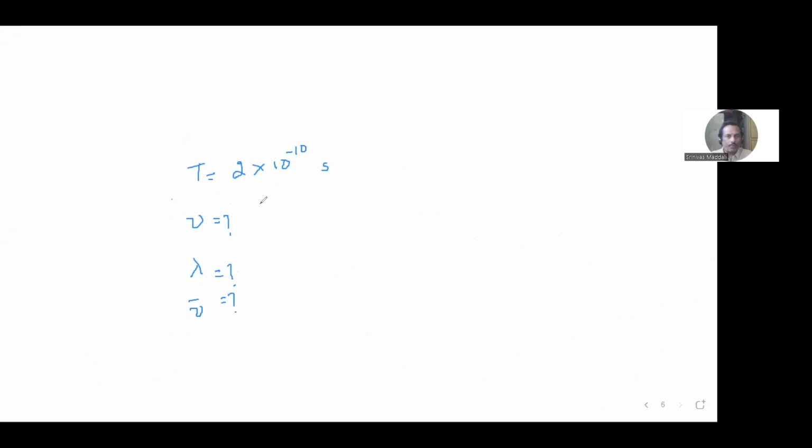So nu, let us find out first one. Nu is equal to 1 by T. That is equal to 1 by 2 into 10 to the power of minus 10. So that becomes how much? 1 by 2 is 0.5. You write it as 0.5 multiplied by 10 to the power of 10.